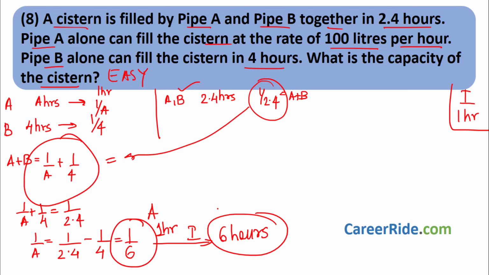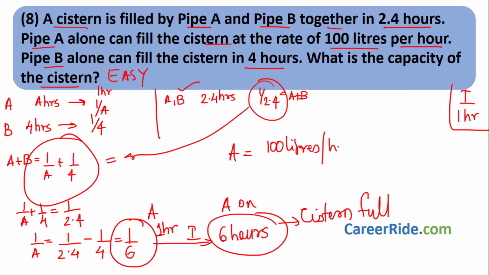So if we keep pipe A on for 6 hours, the cistern gets completely full, right? Now A is giving out water at the rate of 100 liters per hour.